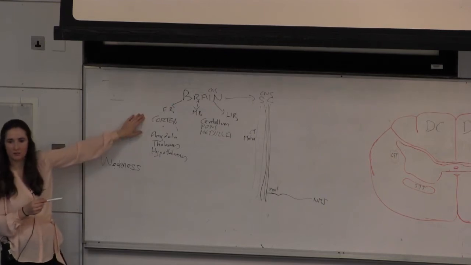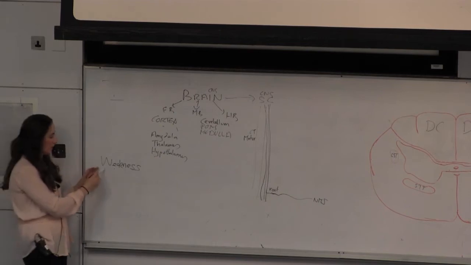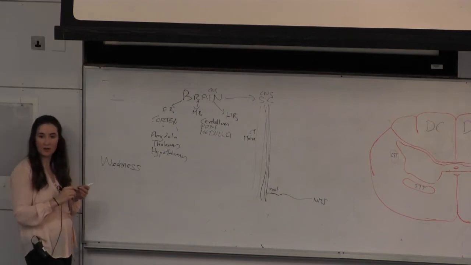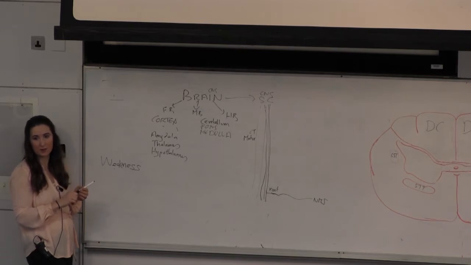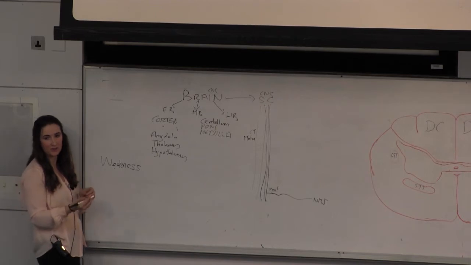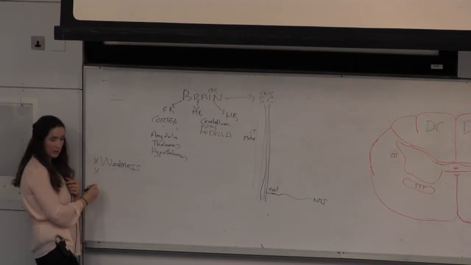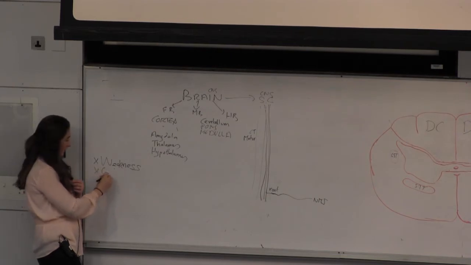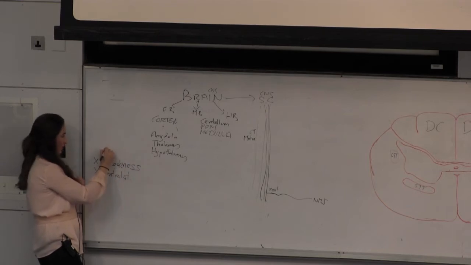Is the weakness going to be on the same side as the lesion or the opposite side of the lesion? Okay, yeah, so it'll be the opposite side of the lesion. So that's one thing that we've got now. As well as having weakness, it's going to be contralateral to wherever our lesion is, if it's in the brain.